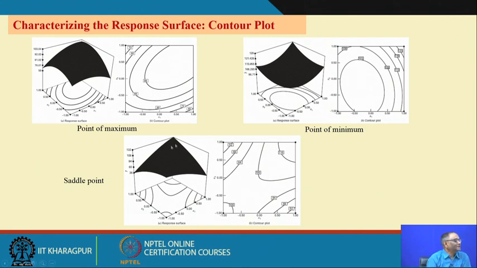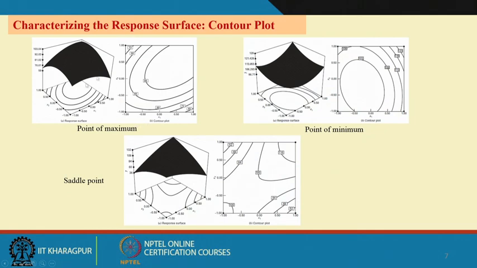I have discussed contour plot several times earlier also, when we fitted the factorial experiments and then found the regression equation, and then explained the effect of x on the y through contour plot. Now, here you see this is our response surface.